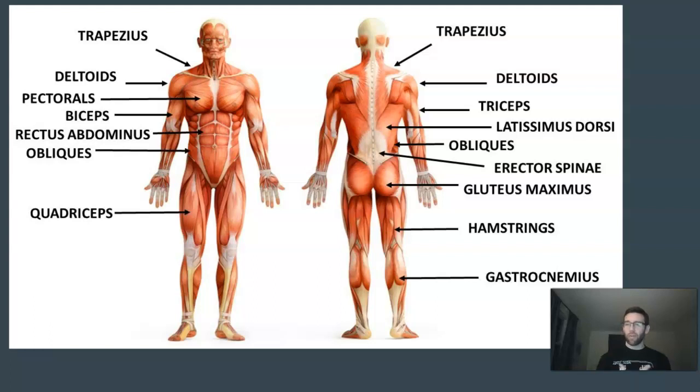So superficial are ones that are closer to the surface, but there are muscles that are deeper to the ones that I'm showing you right now. And I encourage you to maybe look at some images to see what those muscles are. But we'll pause here and then I'll have you just practice using these words and practice identifying which muscle is where on the body.